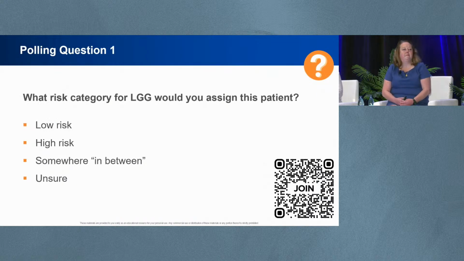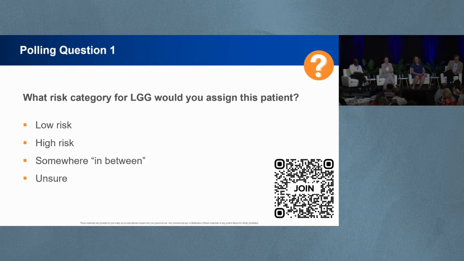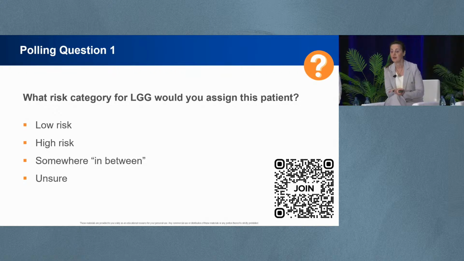Okay, so the patient comes to you after surgery. They had a great resection, as you saw. What risk category for low-grade glioma would you assign this patient? Low risk, high risk, somewhere in between, or you're unsure?